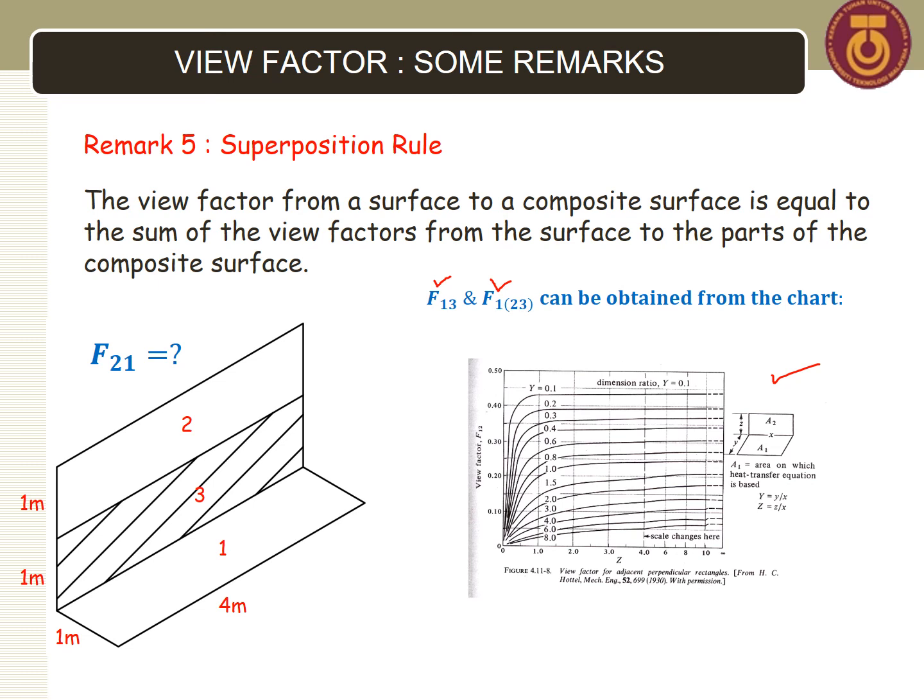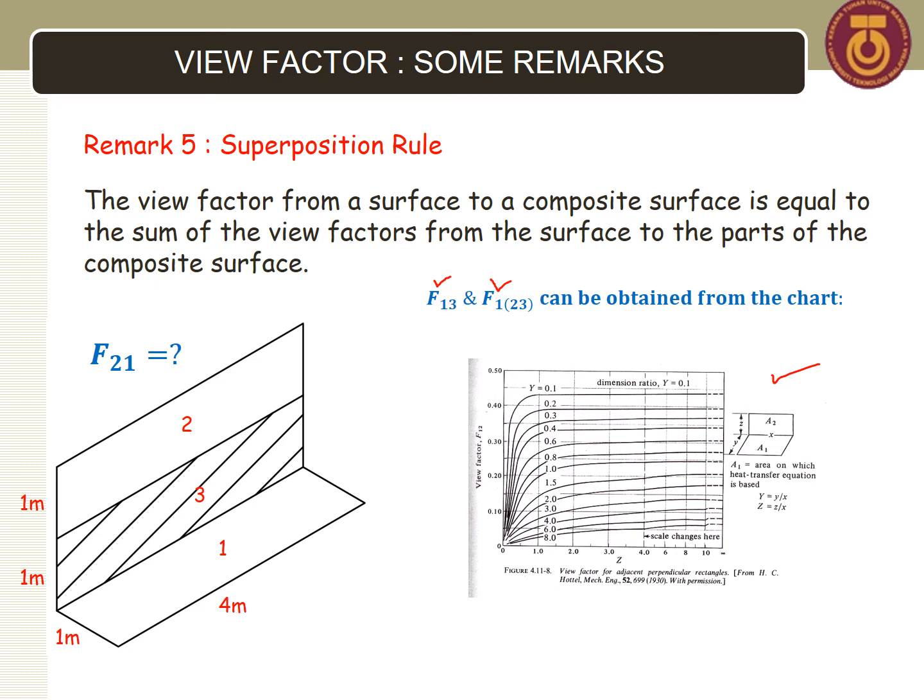So these two, F13 and F123, can be determined based on this graph, but F21 or F12 cannot be determined using this chart, because surface 1 and surface 2 are not adjacent. They are not connected to one another, which doesn't fulfill the requirement of using this chart.